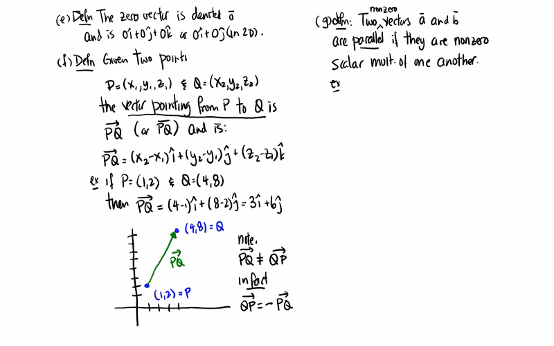If this verbiage is a bit confusing, look at an example. Say a vector A is 4i plus 6j plus 10k, and B is 2i plus 3j plus 5k. You immediately see that A is twice B. So A is a scalar multiple of B. Or if you prefer, you can think of it the other way: B is 1/2 A. They're scalar multiples, they're parallel.